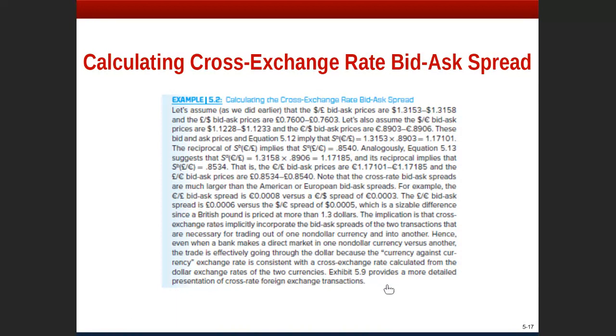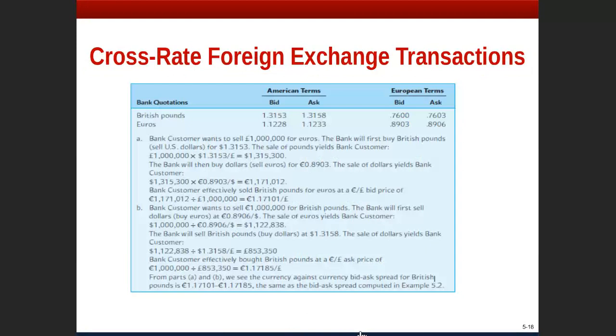Exhibit 5.9 on the next slide is a more detailed presentation of cross-rate foreign exchange transactions. We're given bank quotations here for the British pounds and the euros, both in American terms and in European terms. So if you work the math as shown here, you get the same numbers that we got in the prior slide.